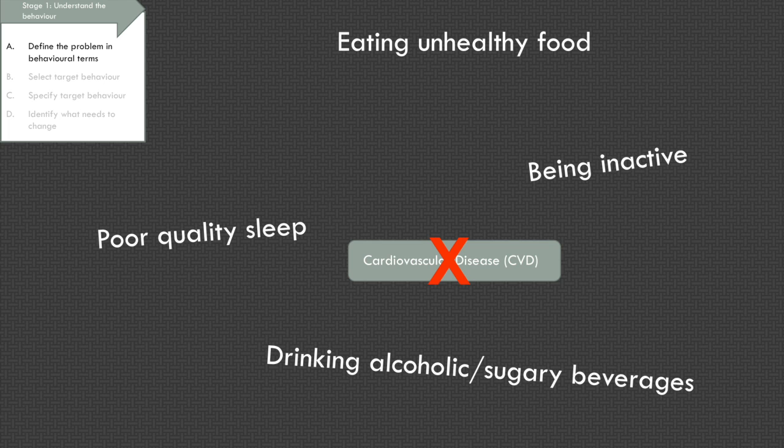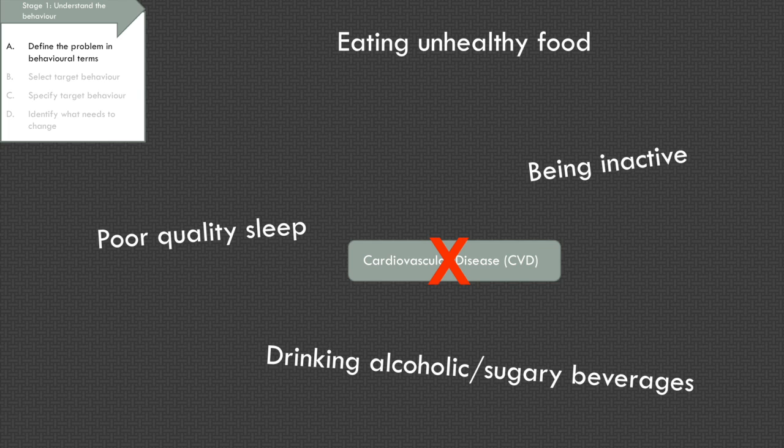And the reason why is because cardiovascular disease is the condition, not the problem. It's the behaviours that result in cardiovascular disease which are the problem. So that would be eating unhealthy food, being inactive, poor quality sleep, drinking too much alcohol or sugary drinks. Those type of things, they're the behavioural problems.